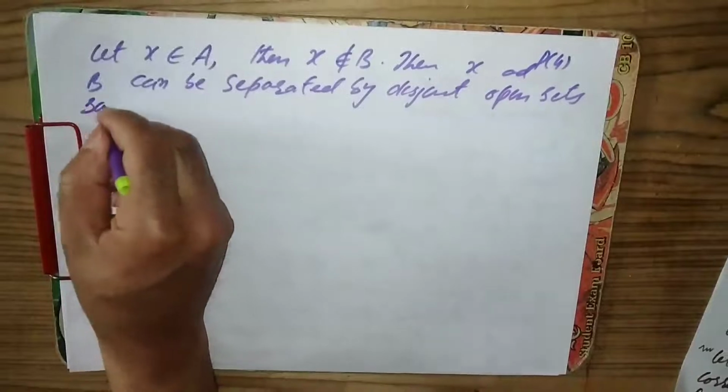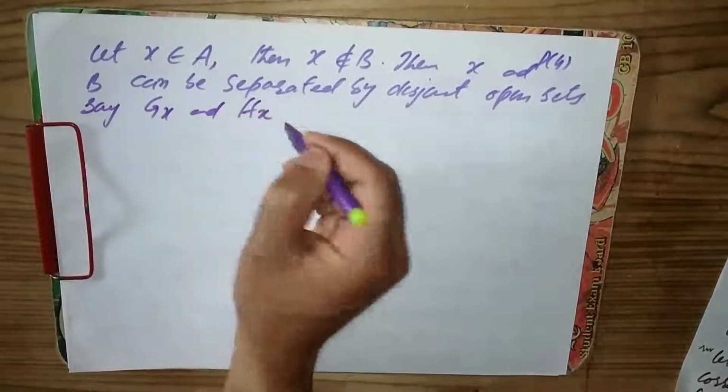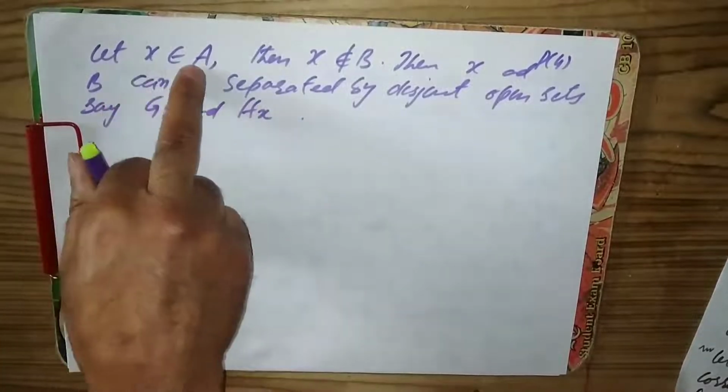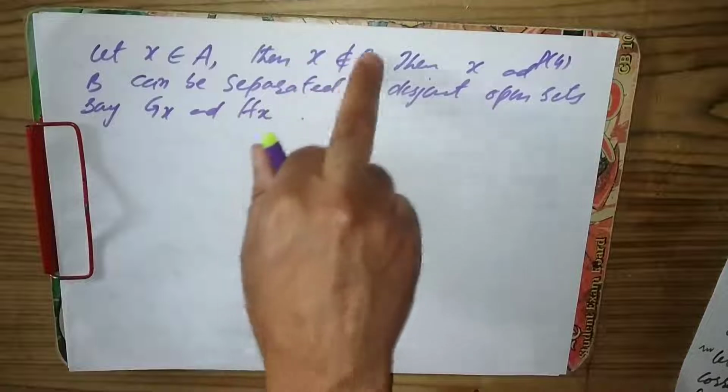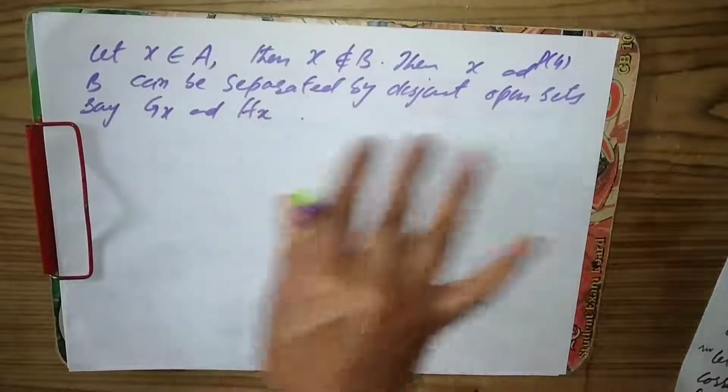Say Gx and Hx, because these open sets depend on X: for each X in A, X is not in B, and for this pair there exist two disjoint open sets.